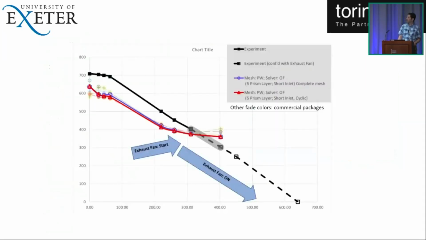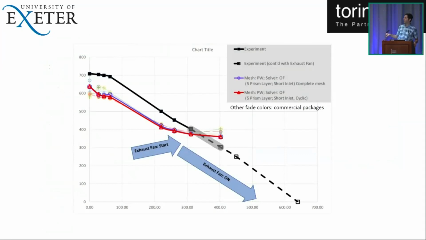What I realized is that the black line is the test results, and in the middle, the point where you see the arrow is where we have another fan in the test section, and we don't have the information of that fan in terms of the power consumption and so on.